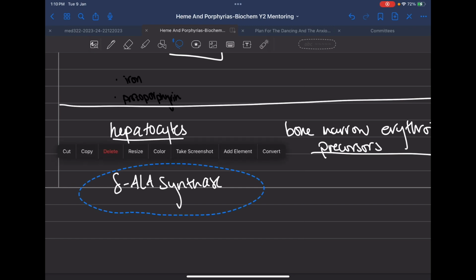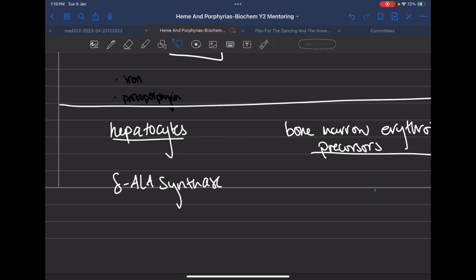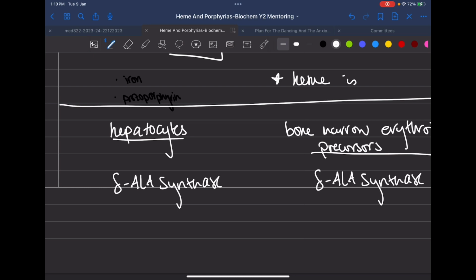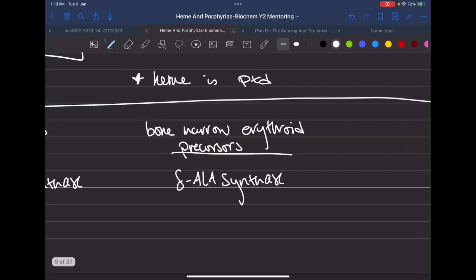Heme is produced in the liver and in the bone marrow. That's something that you should know. So let me just write it real quick here. Heme is produced in the liver and bone marrow.